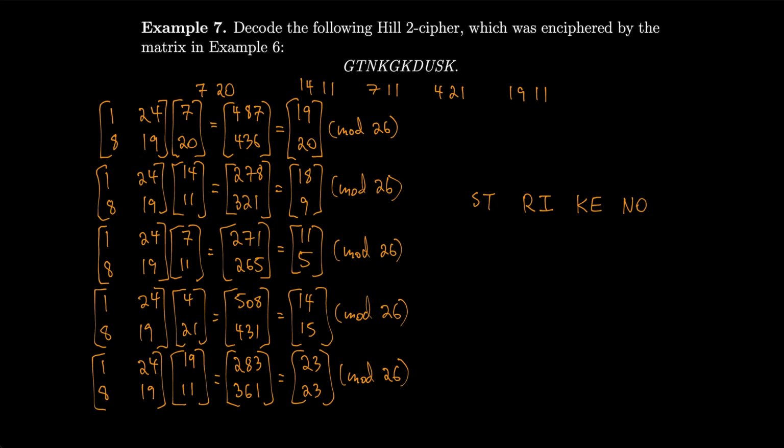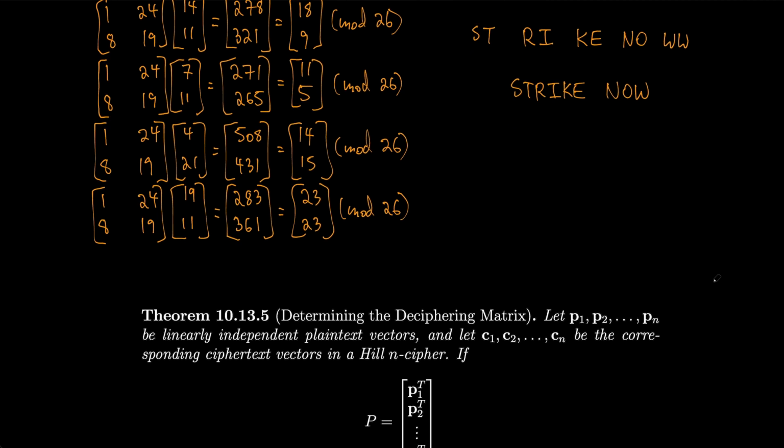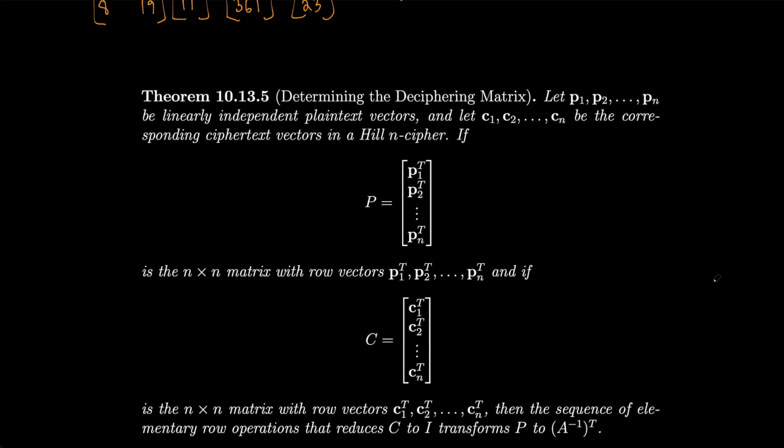So that's WW. So we just have to read through and put the spaces in ourselves, and you can see that it says strike now, because we just won't use that last W. It's superfluous, added just to make it an even number of letters.